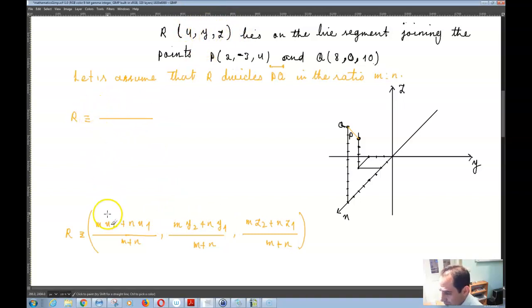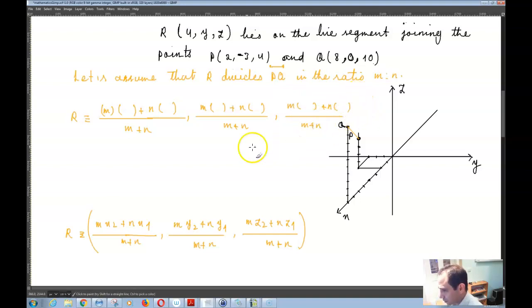This would be the coordinates of the point R.